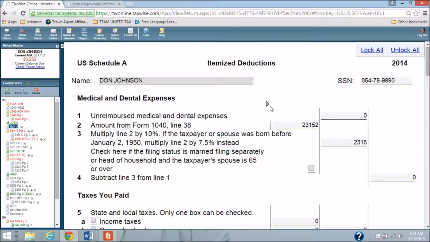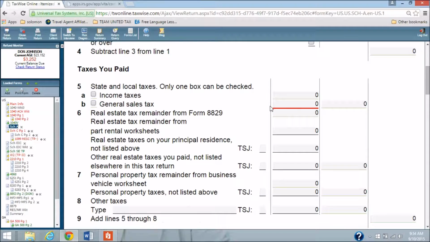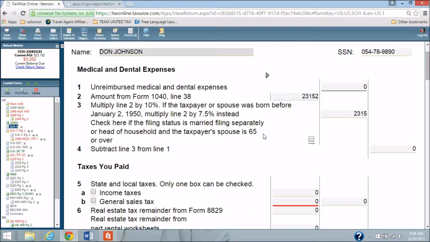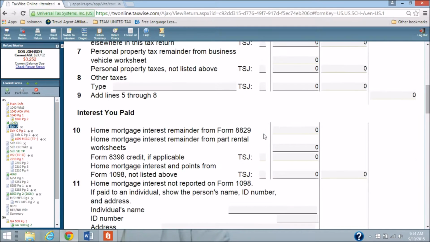So the biggest deduction that you have here, you have medical and dental expenses, taxes you paid, then you have interest you paid. So most of the time, you'll find individuals, their mortgage interest is in the thousands of dollars. Some are low, but many are 6, 7, 8, 9,000, 10, 11, 12,000 and up. In this situation, we'll put $12,000.